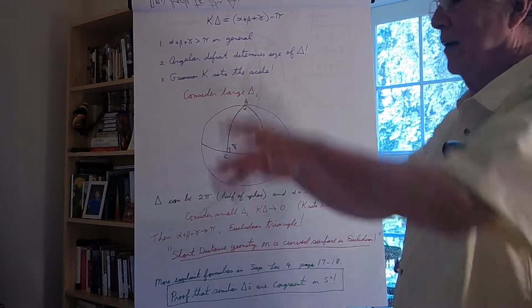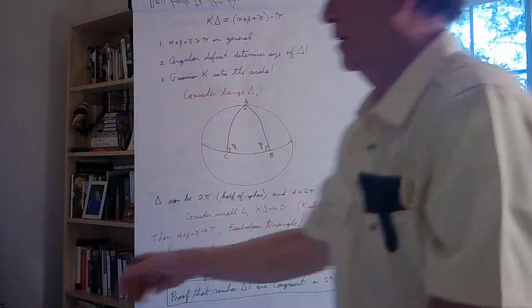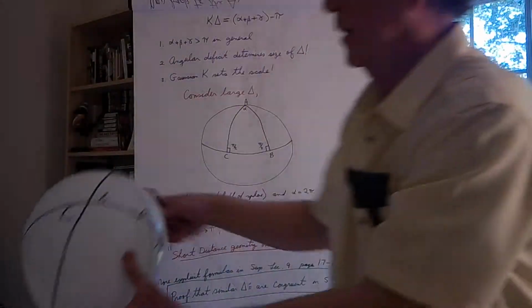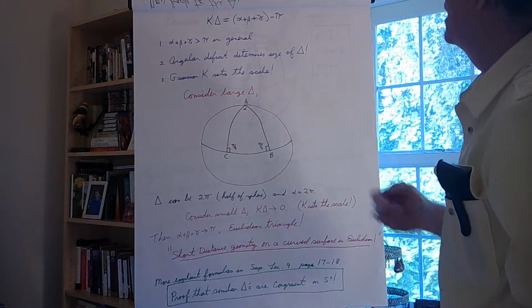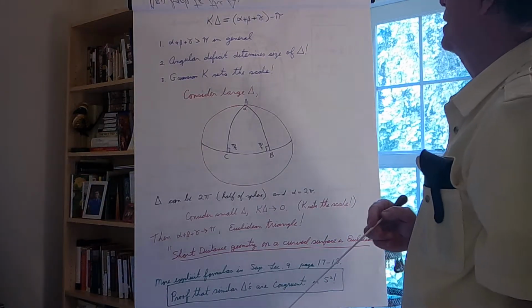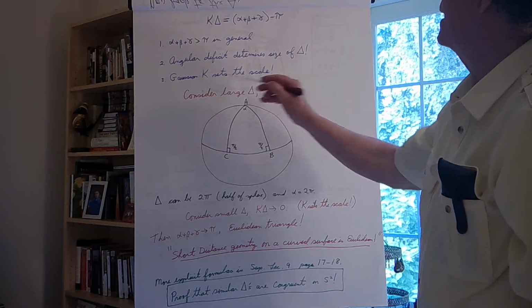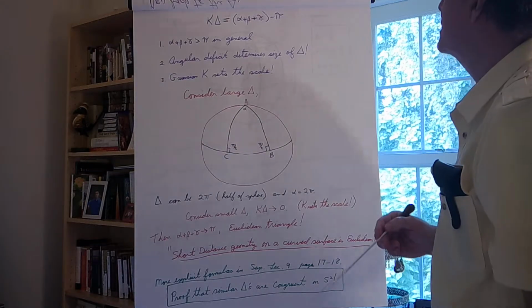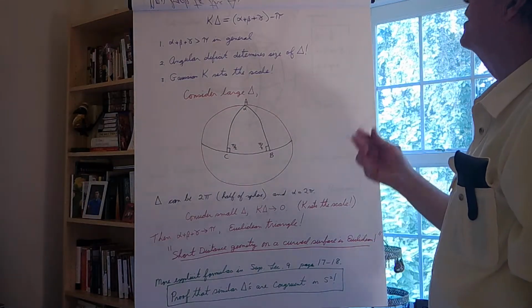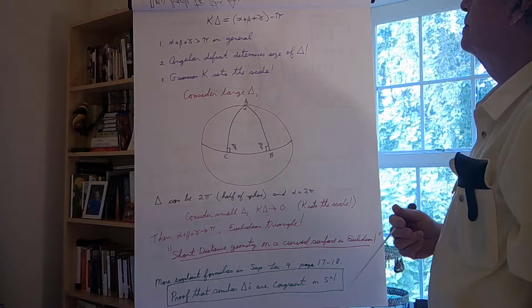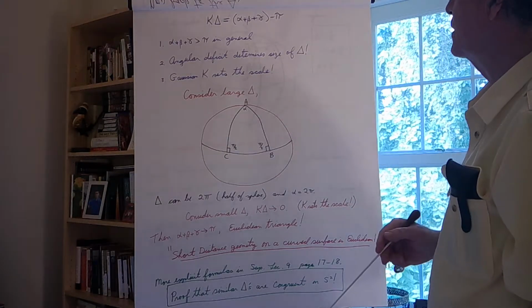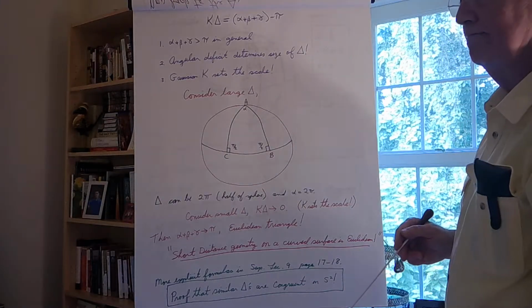It's something that's curved, as shown here, and that curvature is going to create that inequality. We see that the angular deficit determines the size of the triangle, the area of the triangle, and that the Gaussian curvature K sets the scale.